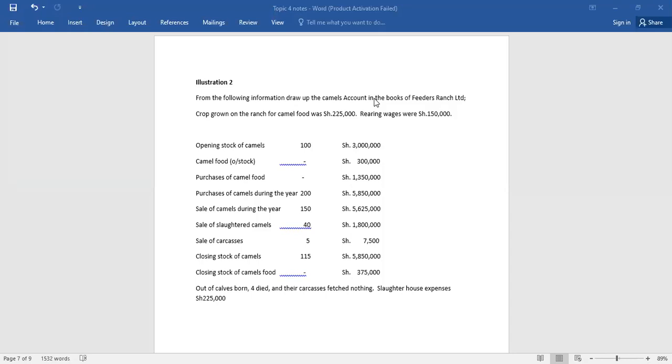The only figure there that seems contentious is you can see we have some closing stock for the camel food. That will be on the credit hand side. It's a closing stock anyway. So the other entries are obvious.